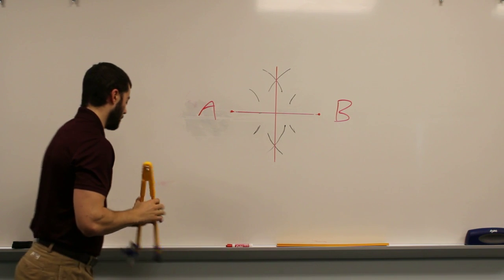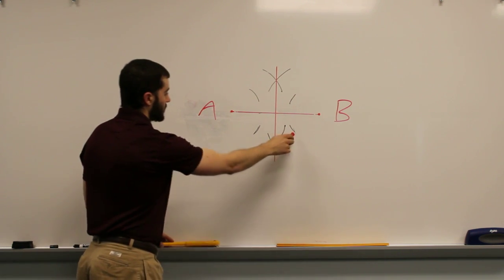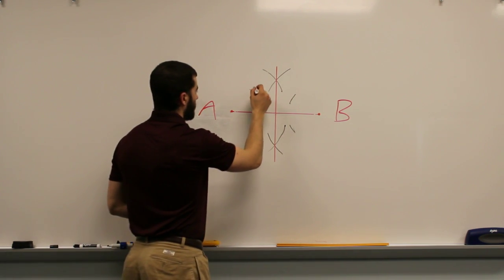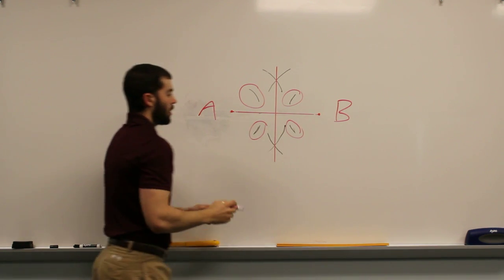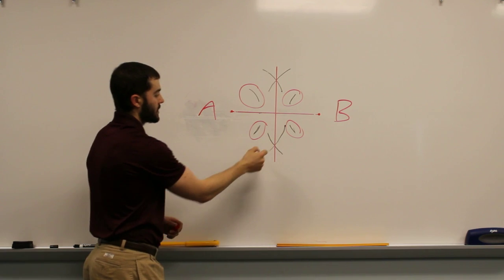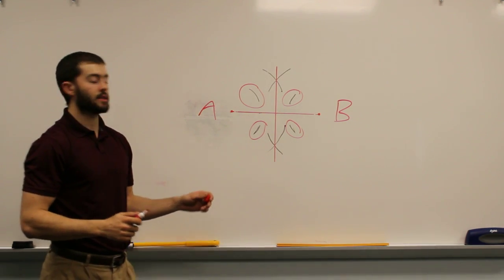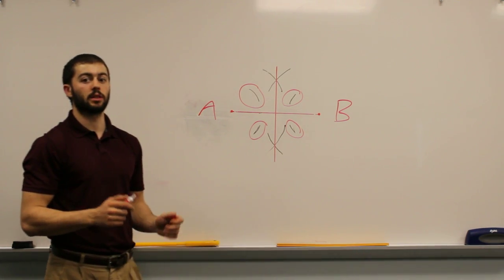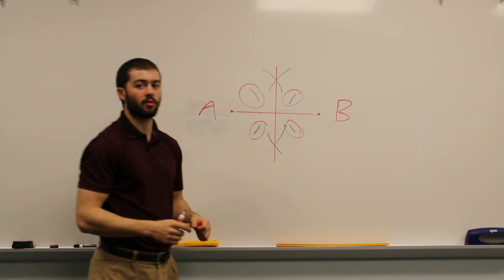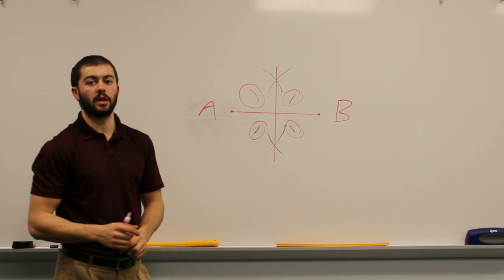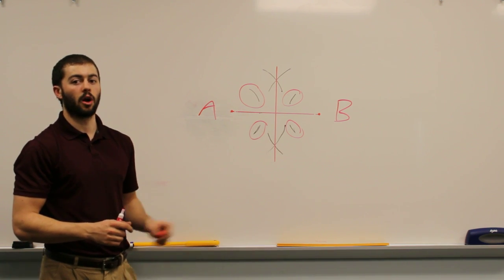You'll see the issue that arises here is that these arcs are never going to intersect, right? We need those intersection points of the arcs because they tell us where our perpendicular bisector needs to go through. If we don't open our compass up more than half of the width from A to B, we're not going to get those intersecting points when we draw our arcs.